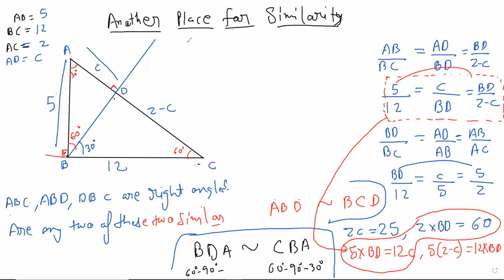So what I'll do, I'll write it again. Do work it out on your own because there are several ways to get to the end result. The main thing was the observation of the similarity really. 5 times BD is 12C. So using this, oh wait a minute, this was Z right here. So you can just simply divide these two.